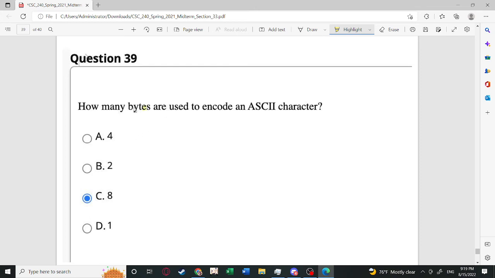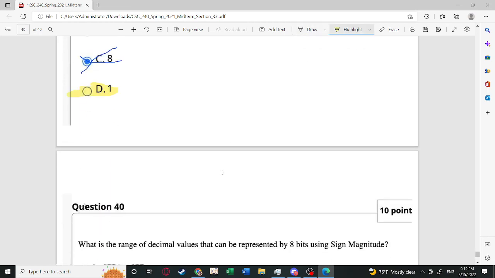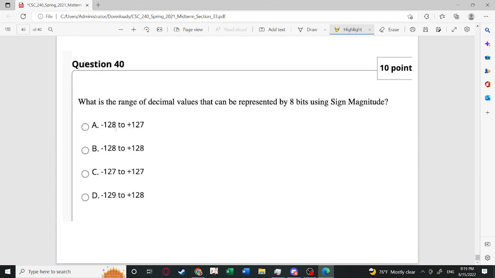This is bytes, not bits, bytes. So this is wrong. D, 40. So sign magnitude is the same thing as one's complement, so that's C.